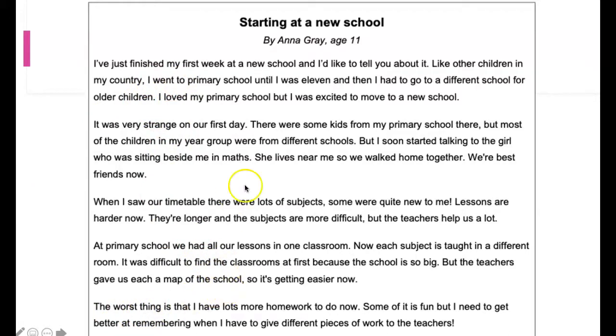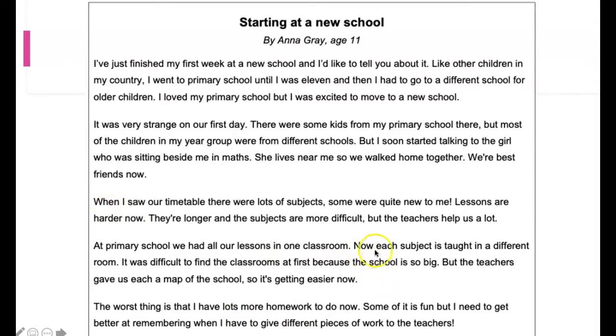If she's writing a story, first she needs the context, and then the worst thing is that I have lots more homework to do now. Now she is talking about her present. First she starts talking about the first week at school, and then she connects it to the present. So it's relevant now. Another thing is that you can see here the connectors.